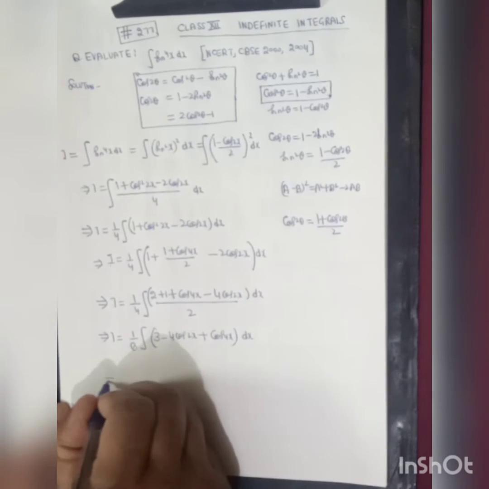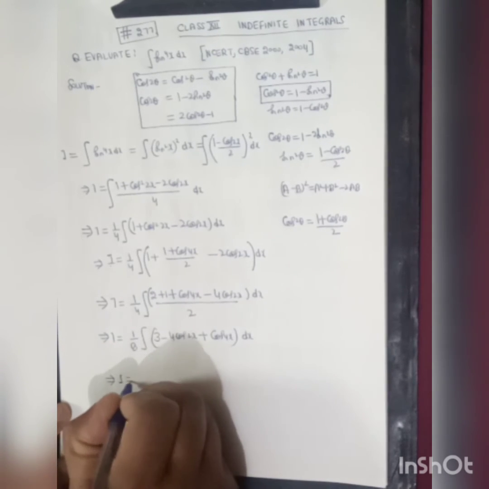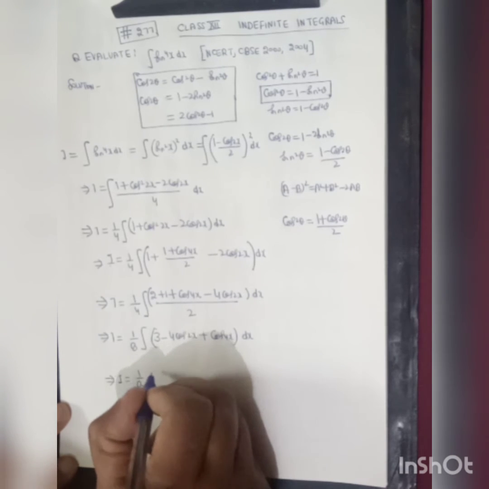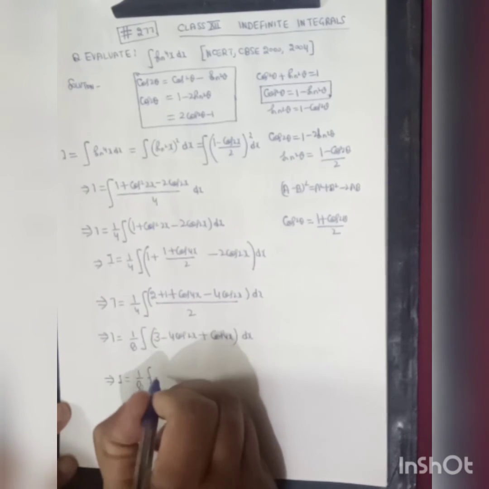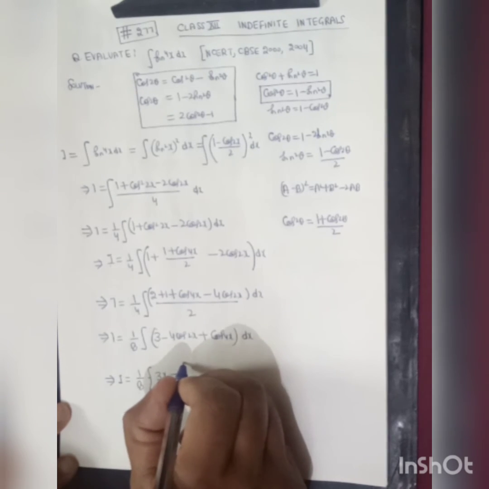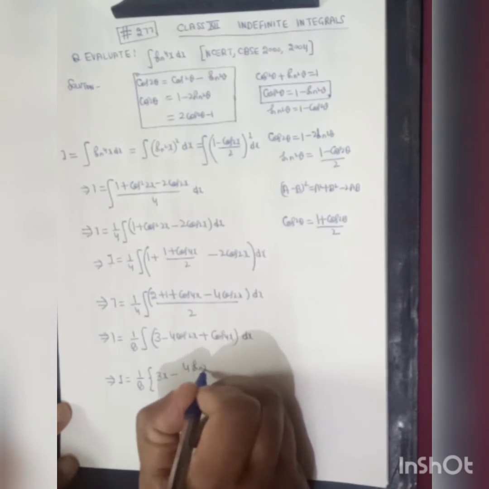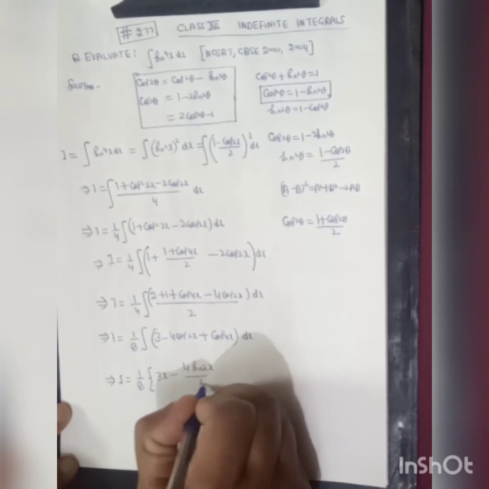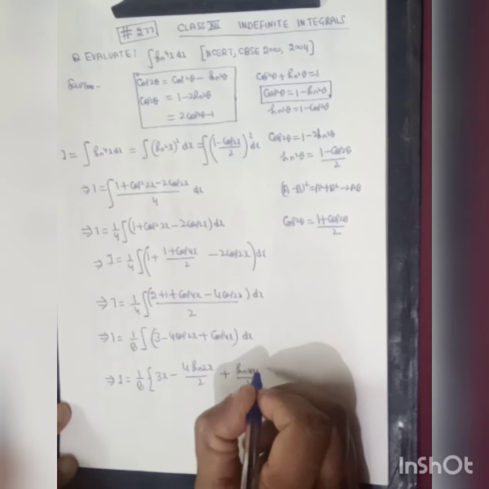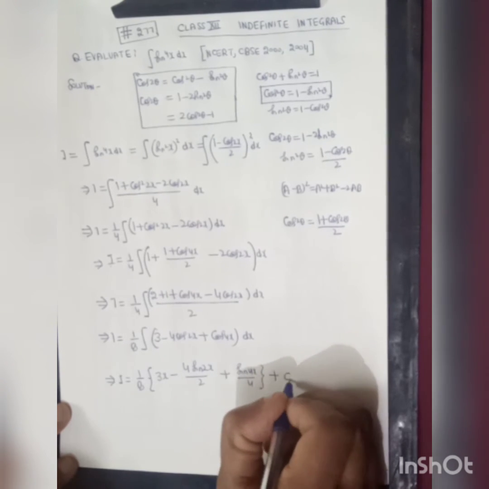This further can be written as I is equal to 1 upon 8 times (3x minus 4 sin 2x divided by 2 plus sin 4x divided by 4) plus constant of integration c.